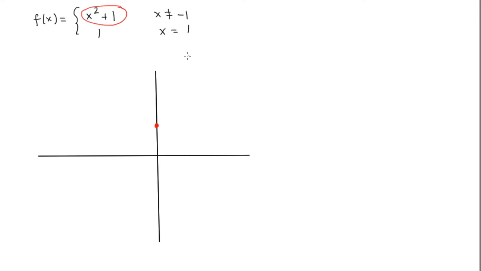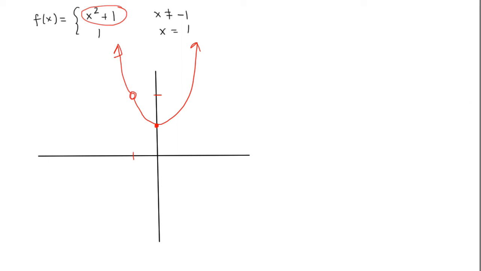And otherwise it looks like the normal x squared parabola, with one exception: when x equals negative 1, the parabola would normally want to be 2, but it can't because the function's not defined there, so we'll have an open hole. But otherwise, it'll be the x squared parabola that you know and love.